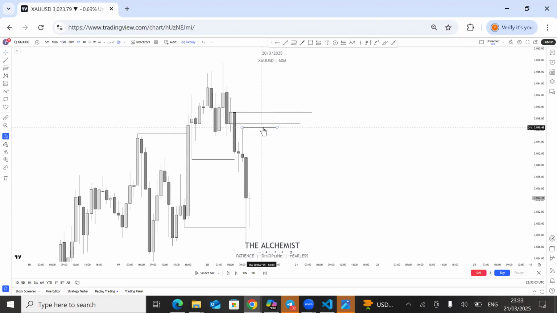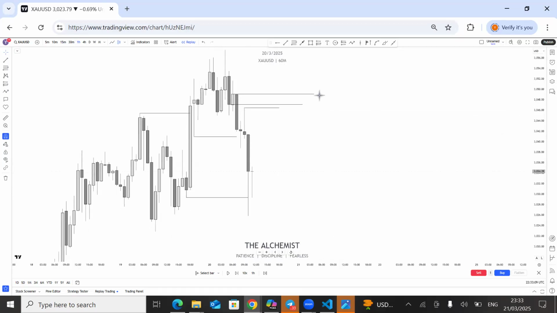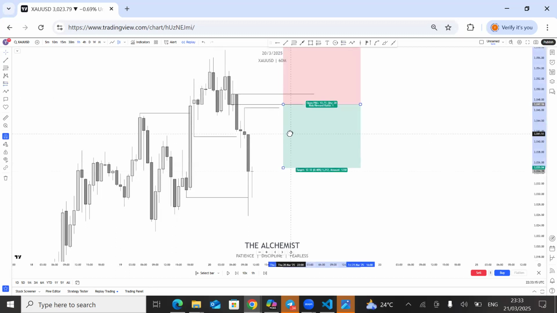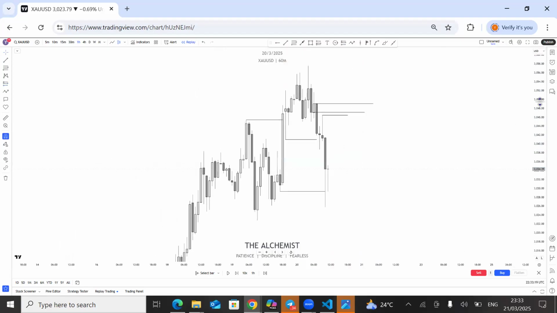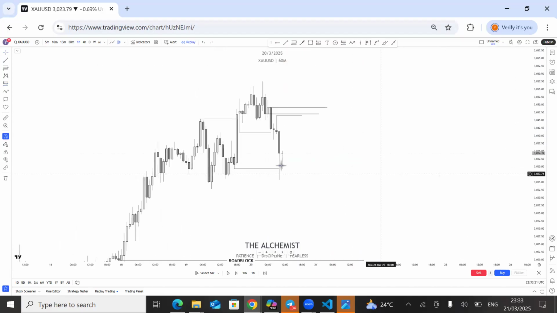So I already know if this is our liquidity, the zone which is closer to this liquidity is going to be my entry. If I place my entry here, I'm not wrong. You understand? So before you do that, you want to look for your confluences. The only confluence we have is our trend line confluence.